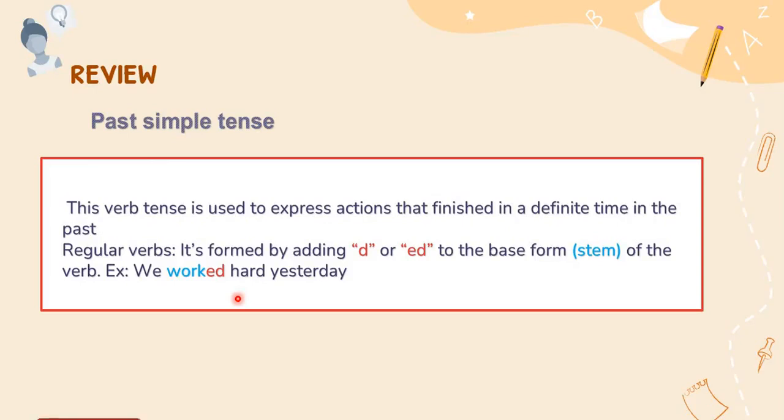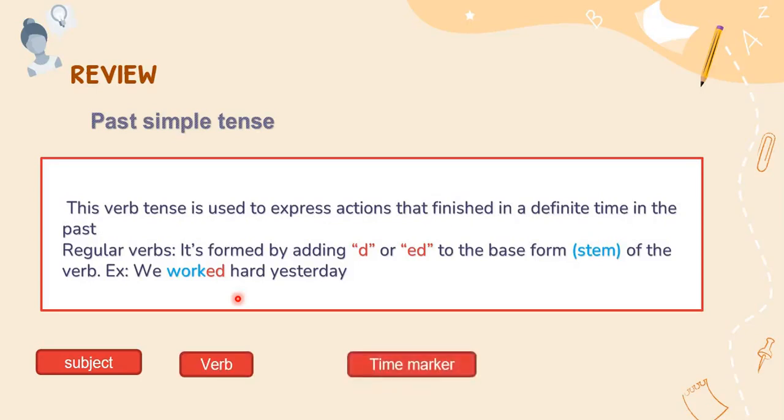At the beginning we have the subject. Now try to guess where the subject is in this sentence. Then after we have the verb and the time marker. The subject in this sentence is the personal pronoun we. Then we have the verb worked.